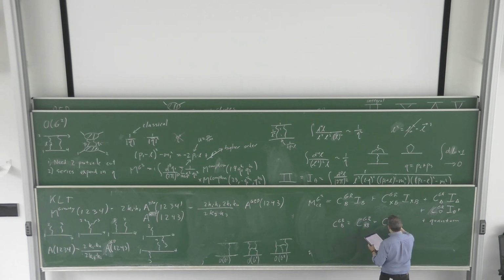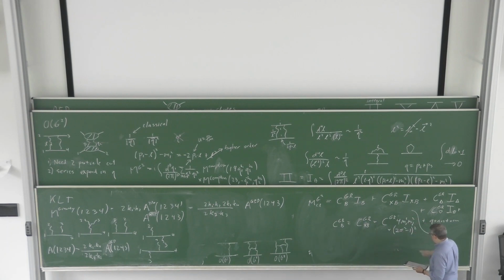And there's a constant, let's call it CGR, and then 4 m1 square m2 square times 2 sigma square minus 1 squared. If you recognize this is the square of the tree, that is correct. It's iteration. So it's square of the tree, iteration. Exactly what these boxes are doing.